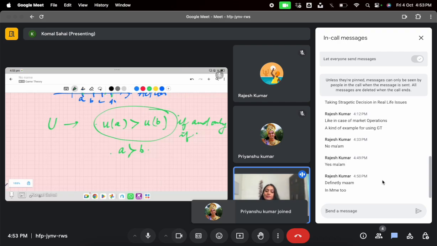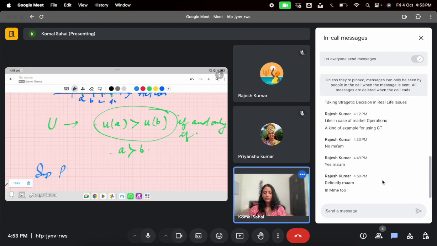ठीक है? So this is what a utility function is. Now, an important point to note is that a utility function will only capture ordinal information, right? So this is important, where we know that preferences carry only ordinal information.